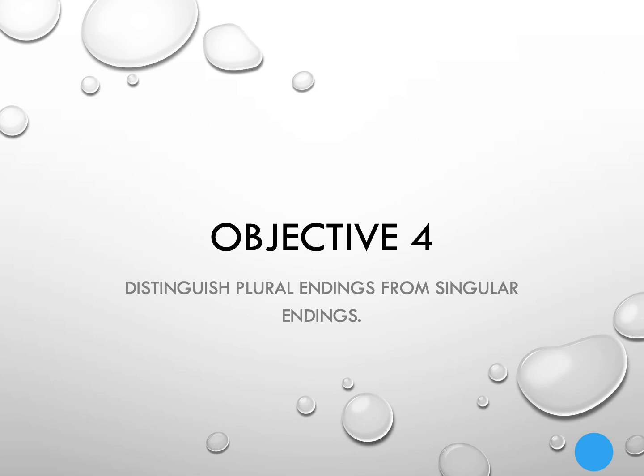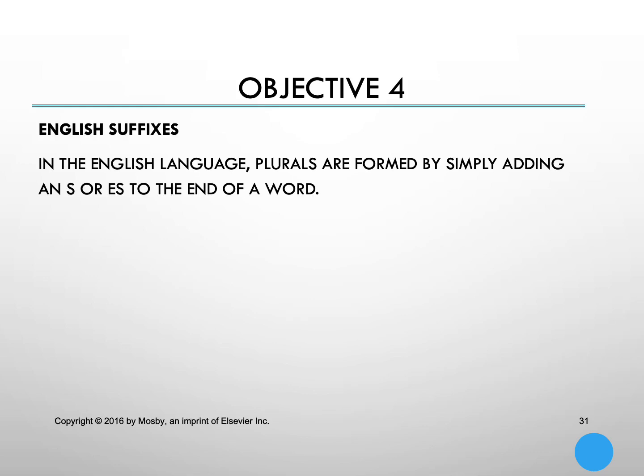All right, so now we're going to look at some differences between plural endings and singular endings. Just a reminder, English suffixes. In the English language, plurals are formed by simply adding an S or ES to the end of the word, right? We have grape or we have grapes, okay? We have cup or we have cups.